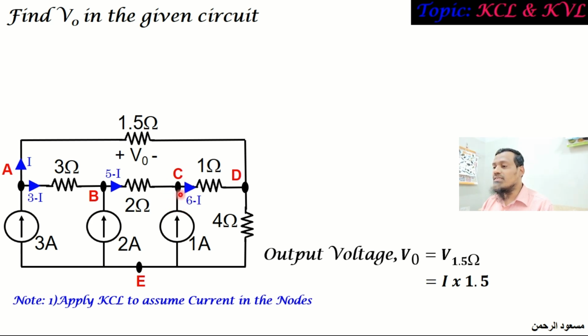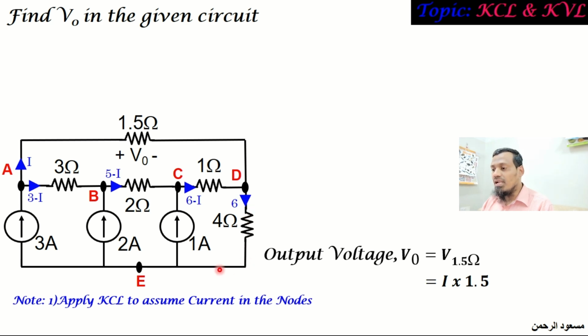The current in this branch will be the addition of this 1, which is 6 minus I. There are 2 incoming currents into node D: 6 minus I in this branch, and already a current is coming in this way, which is I. These 2 currents will be added and will leave node D in this branch. If you add 6 minus I plus I, the remaining current will be 6 amps.